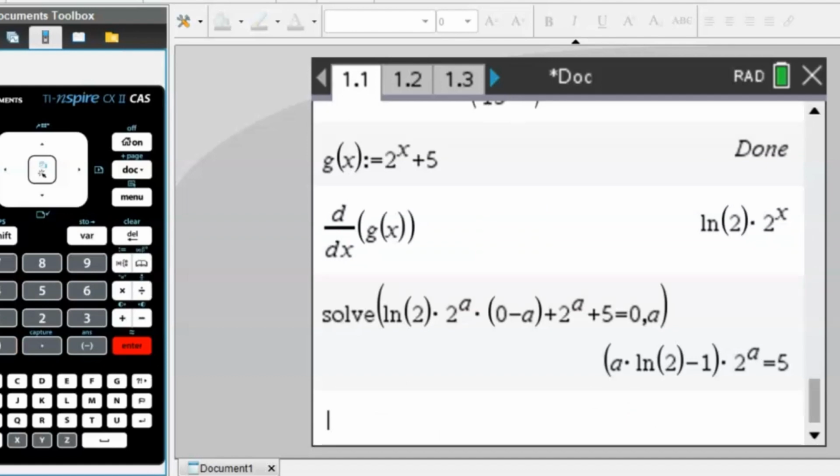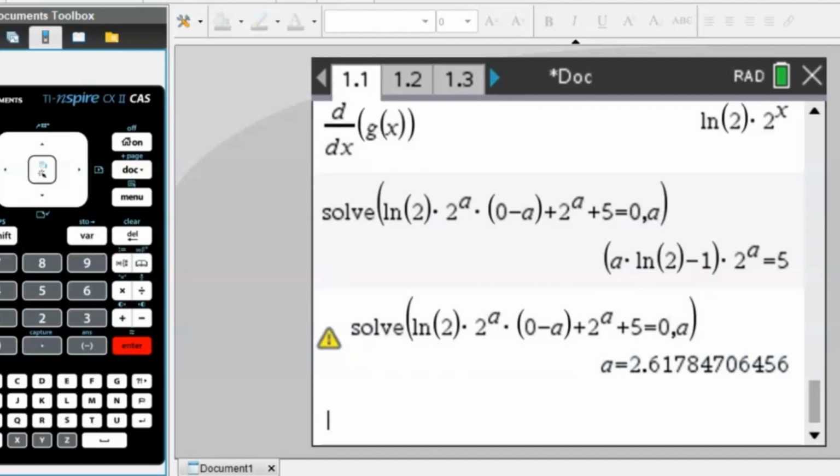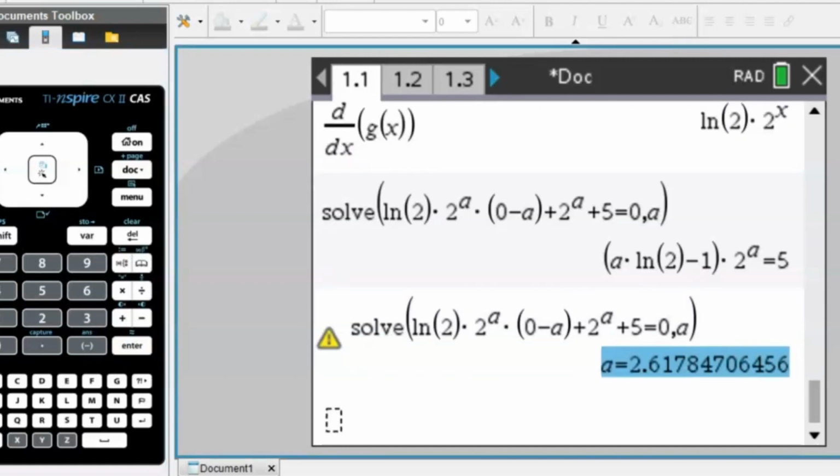So what's that? That gives us the value of a.